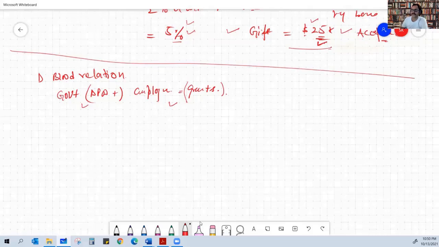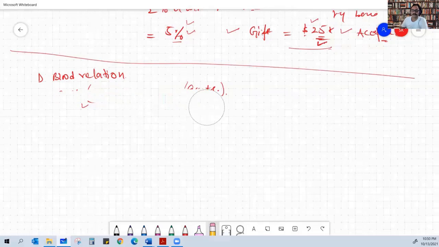But as of now, let's stick only to gifts from relatives: relatives who have blood relations with the borrower, dependents, any guardian, plus fiance, father-in-law, mother-in-law. These are also acceptable.